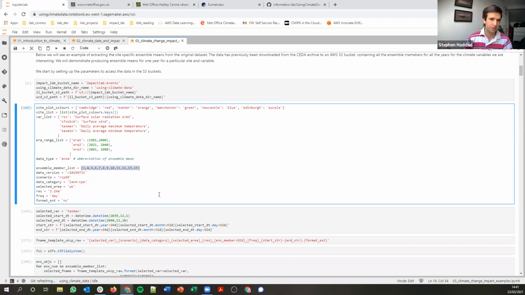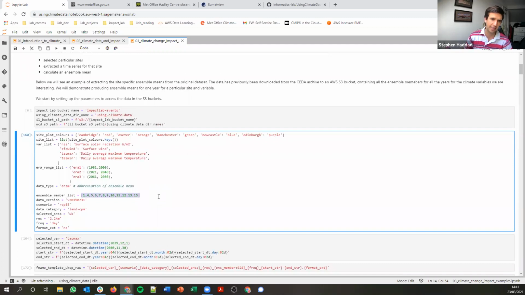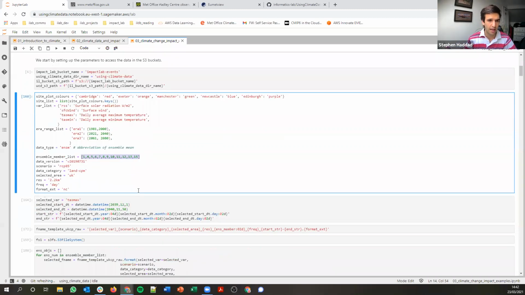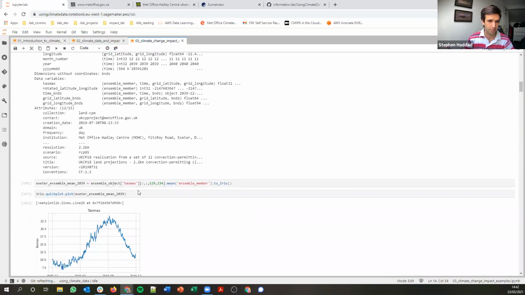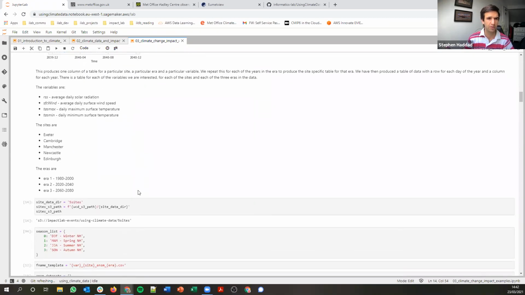So if we want to extract data for some particular sites and for particular variables that are of interest to our business, here we've got some sites. Where's my list of sites gone? Oh, it's further down. We're interested in extracting average daily solar radiation, average surface wind speed, daily maximum surface temperature, and daily minimum surface temperature.